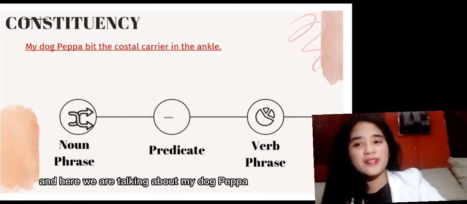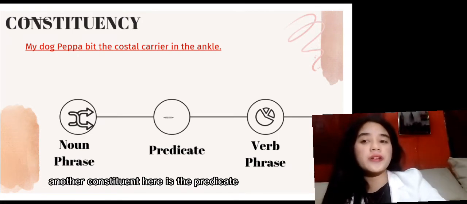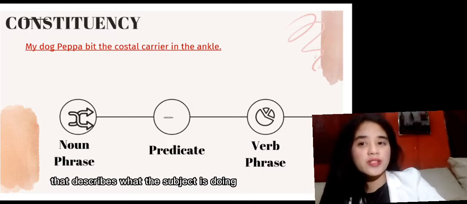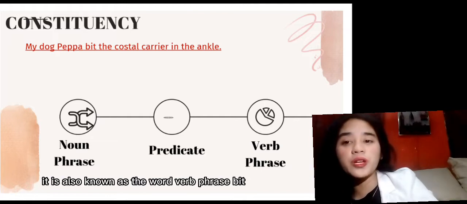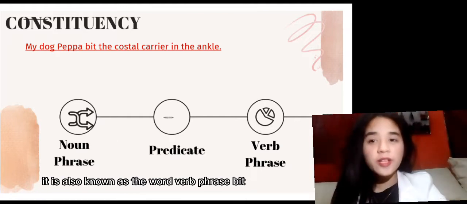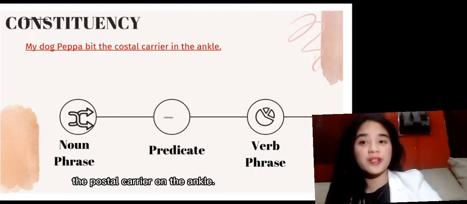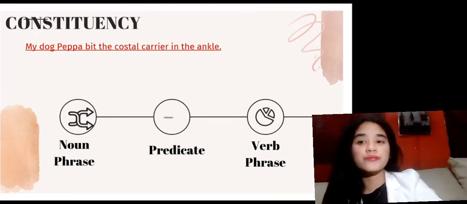And here we are talking about my dog Peppa. Another constituent here is the predicate that describes what the subject is doing. It is also known as our verb phrase, bit the postal carrier on the ankle.